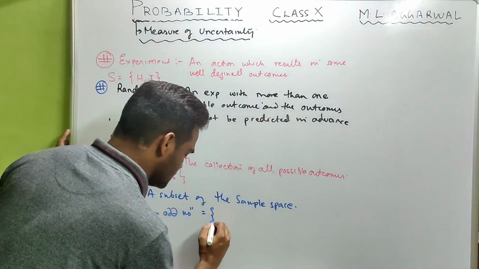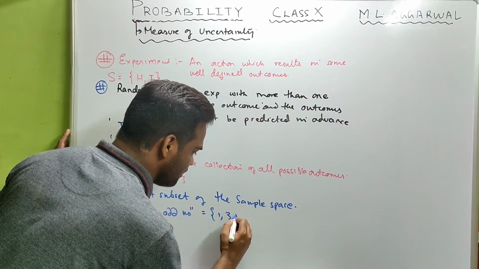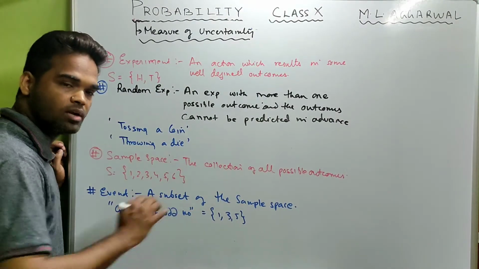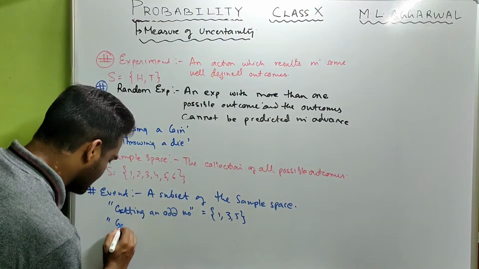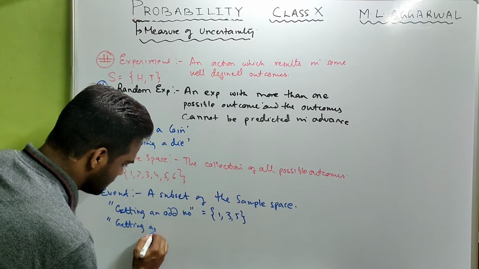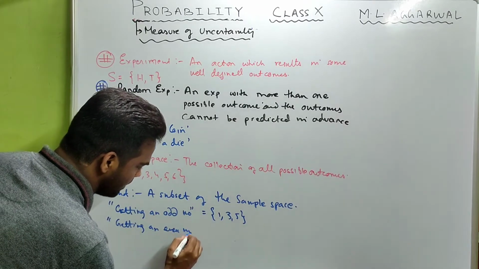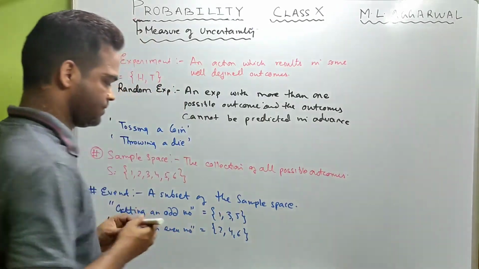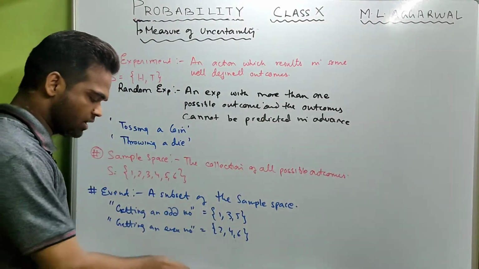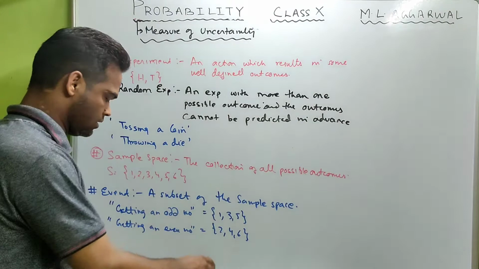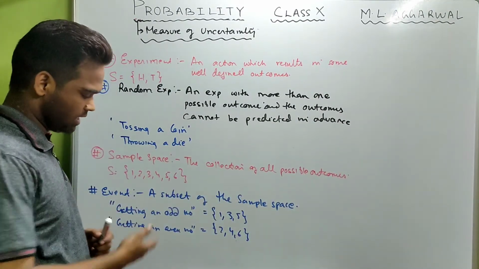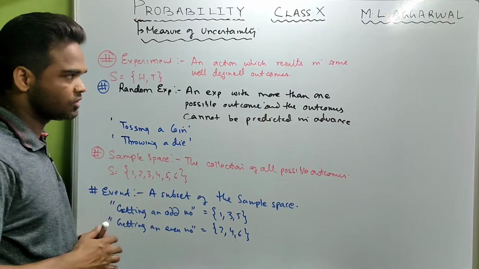That is, either you should get 1, 3 or 5. So this is your event, getting an odd number, or getting an even number, that's 2, 4, 6. That is another event. There can be many events associated with an experiment. I've given 2 over here.